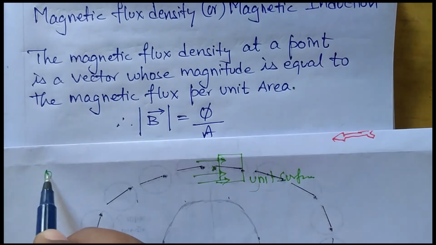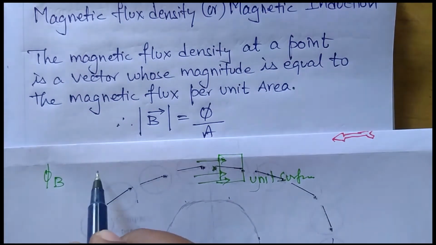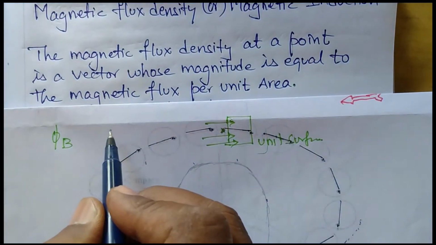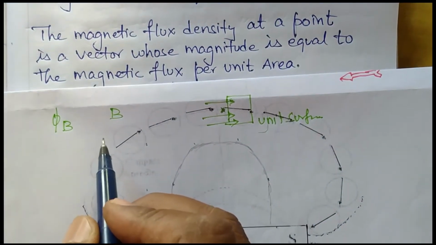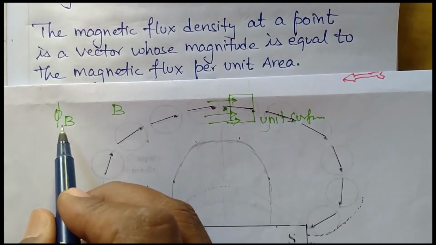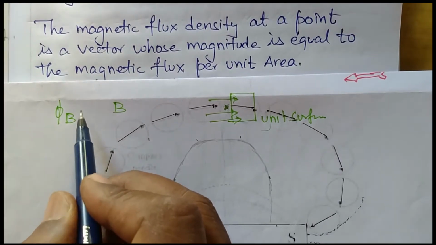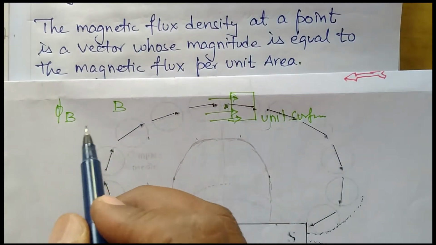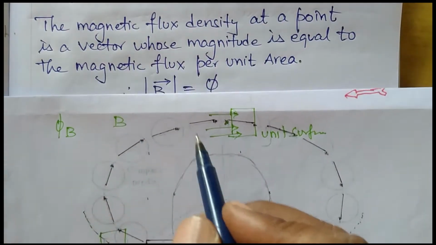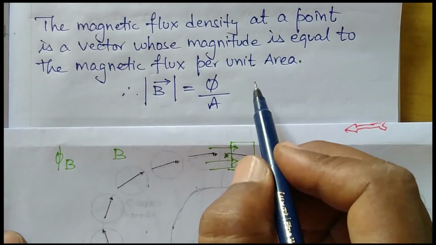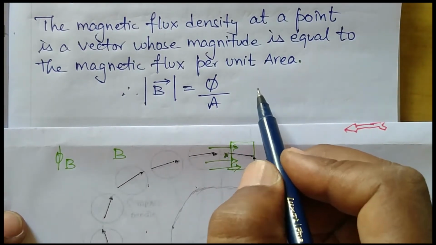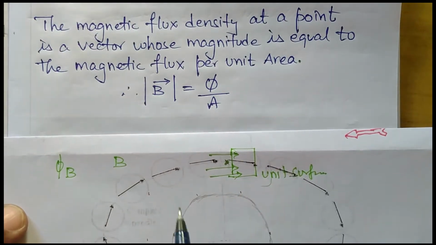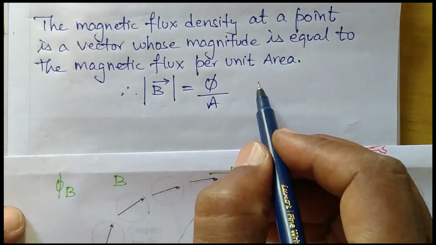Magnetic flux is a scalar quantity, whereas magnetic flux density is a vector quantity. Why? Because magnetic flux represents only the number of magnetic field lines, whereas magnetic flux density is the ratio of the number of field lines passing through unit surface area. Therefore, I will write it here.